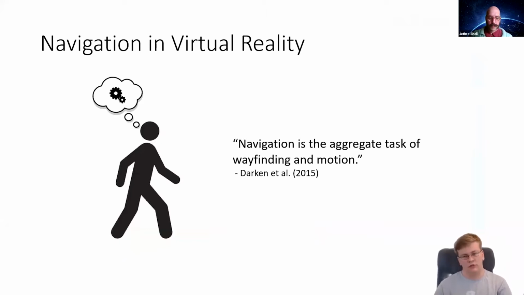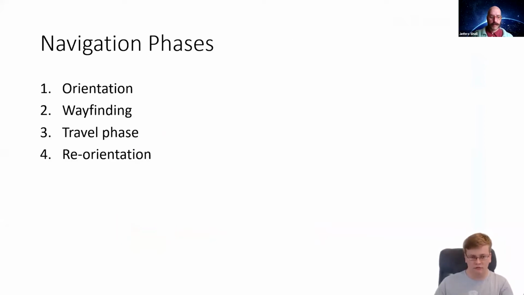Navigation is one of the most important questions regarding VR. And it does not only mean locomotion, but there are also some cognitive aspects involved in navigation. There are different navigation phases.